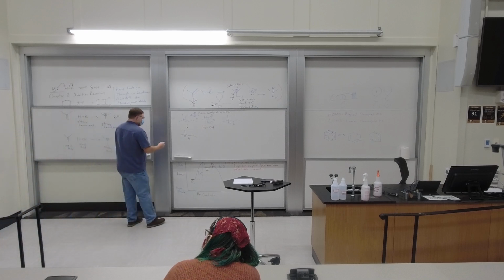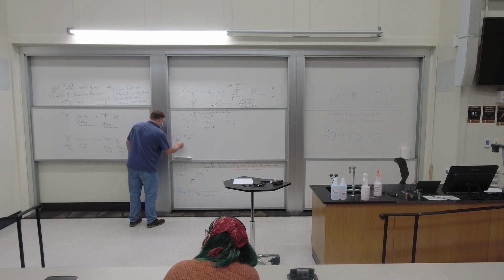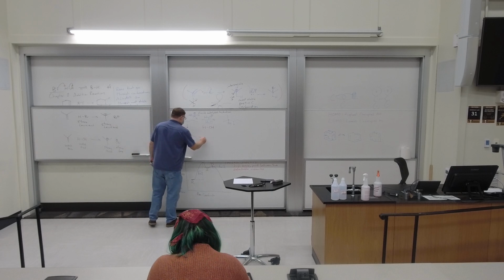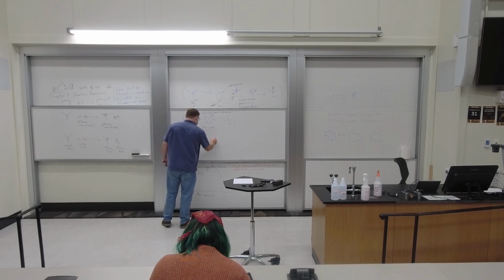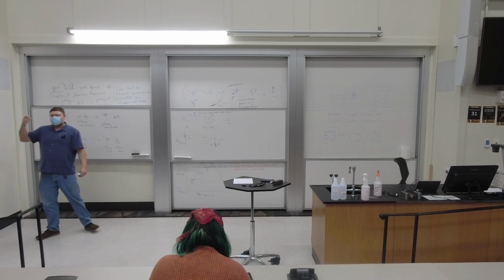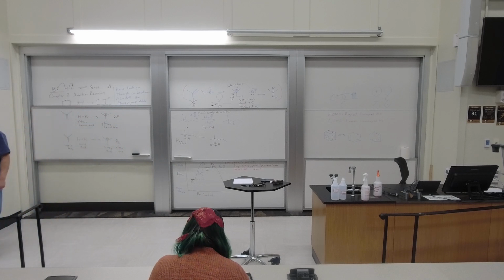So water is going to attack, and both H's stay on there. Water attacks with the electrons on oxygen. The oxygen on water is a weak base, but it's reacting with a carbocation, which is a really strong acid.